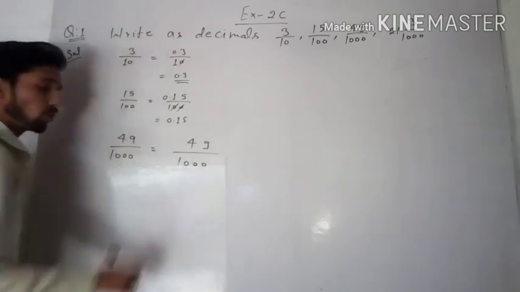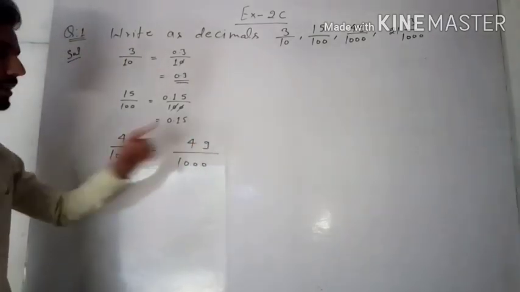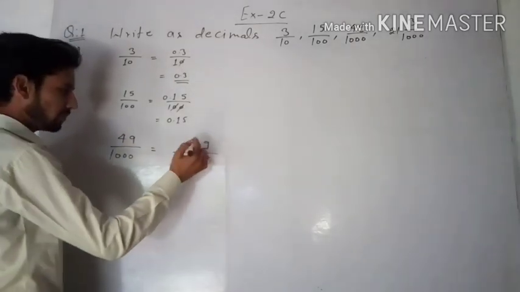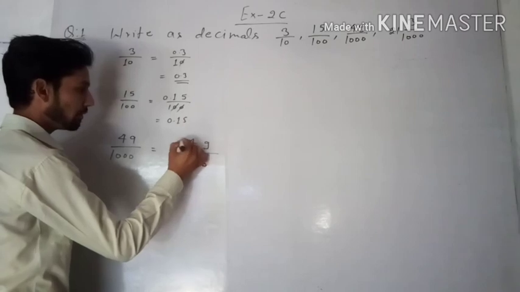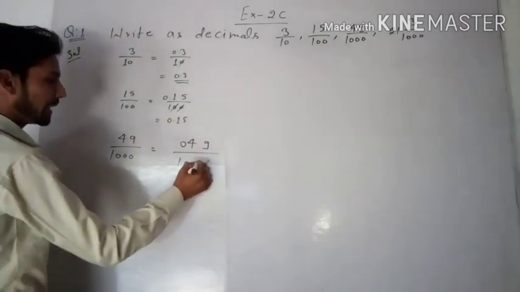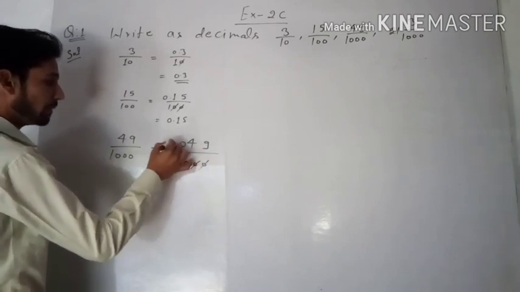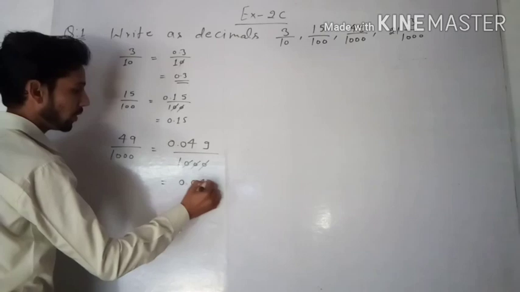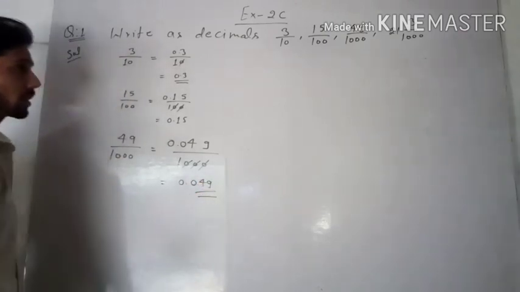There are three zeros and two digits are there. So first of all, we have to write 0 in front of 49 to make it 3 digits and then put the decimal. 0.49 is the answer.